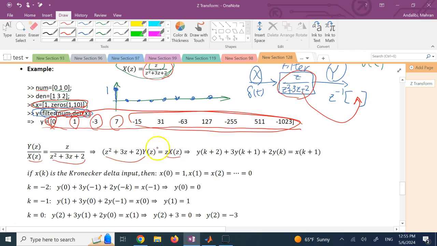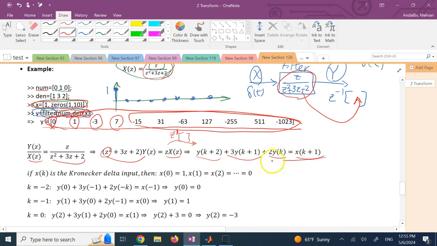And if you apply the inverse z transform to this, from the tables, you know that z inverse of z squared y of z is y of k plus 2. 3 times z times y of z corresponds to 3y of k plus 1, assuming here 0 initial conditions. And 2 times y becomes 2y of k, and z x of z becomes x of k plus 1.